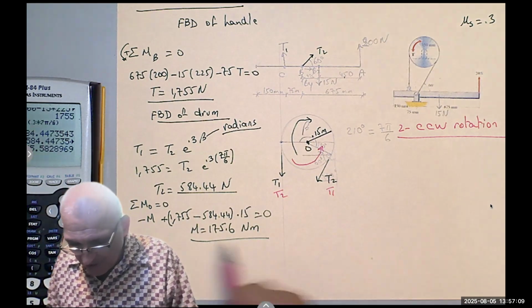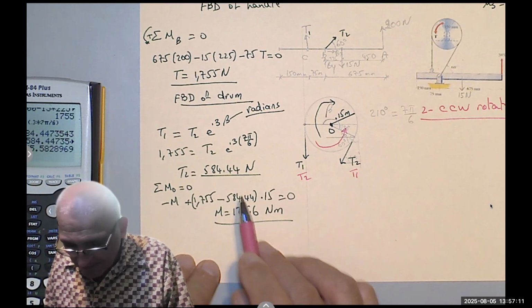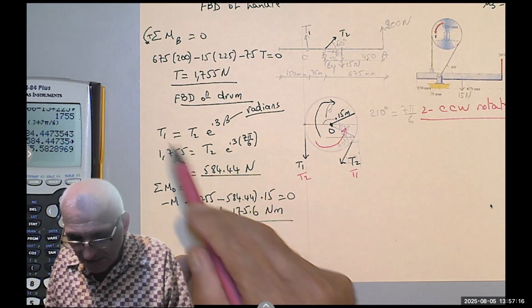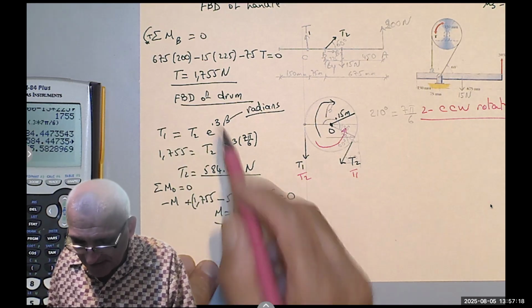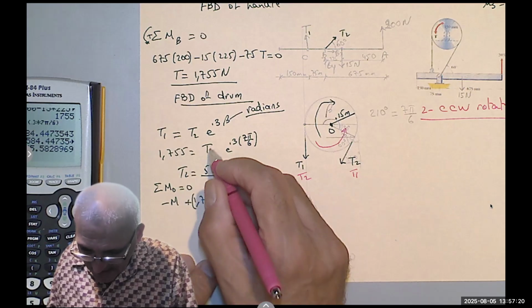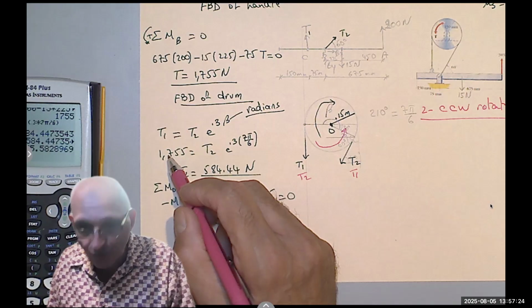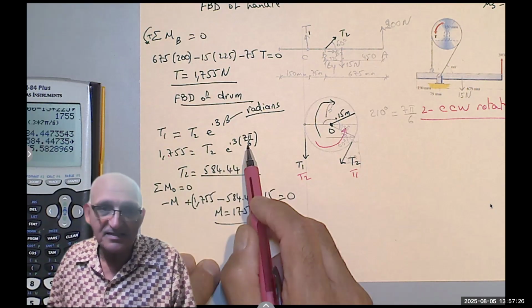So really, all you have to do is take the same number as when you took T1 equals T2. The only thing is that instead of making this T2, that would be T1 and that would be T2. So you would be multiplying instead of dividing.